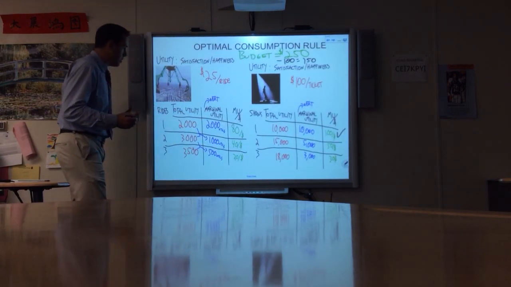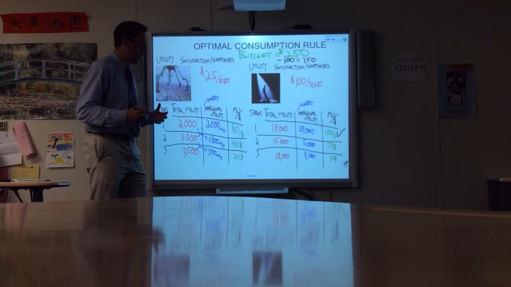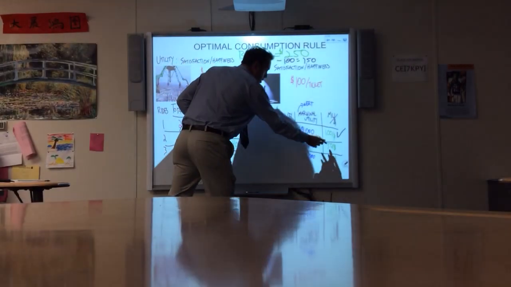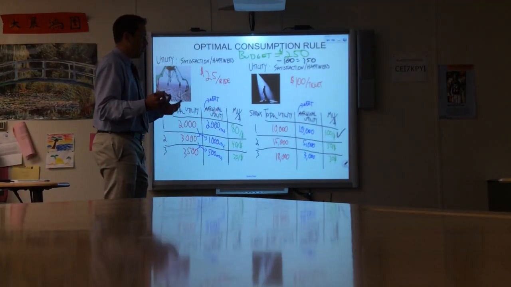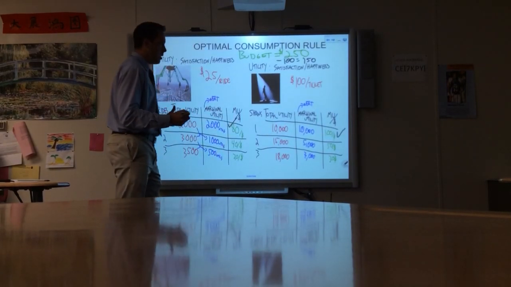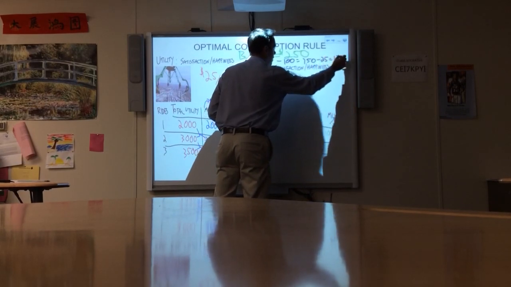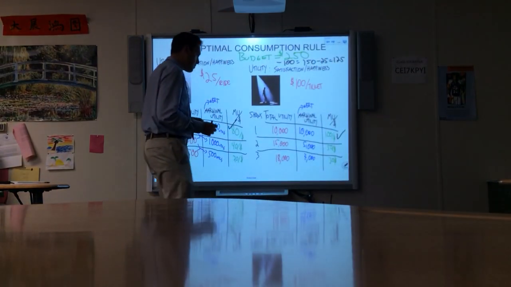Now, what do I do? I can go to the ride for 80 utils per dollar, or I can go to the show for 50 utils per dollar. 80 is greater than 50, so I'm going to go 80 utils per dollar. Subtract 25, I'm going to run out of room here, equals 125, and just drop down.